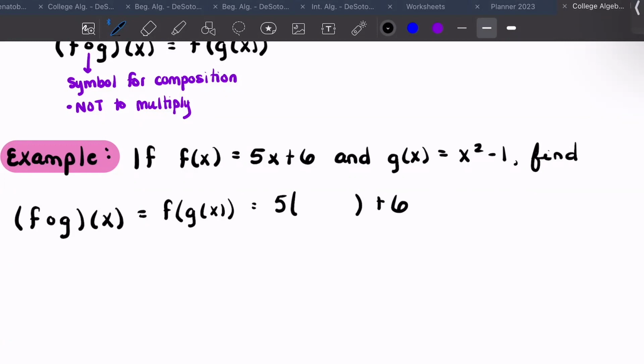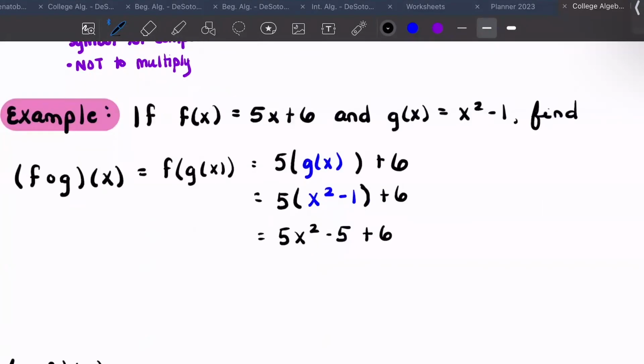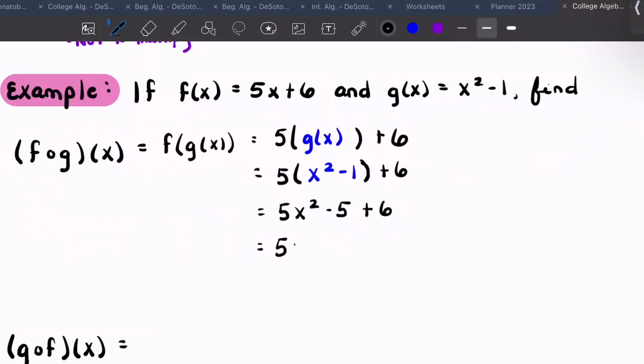You will put g of x wherever you have a set of parentheses. So you have 5 times g of x, which is x squared minus 1, plus 6. So you get 5x squared minus 5 plus 6. So you get 5x squared plus 1.